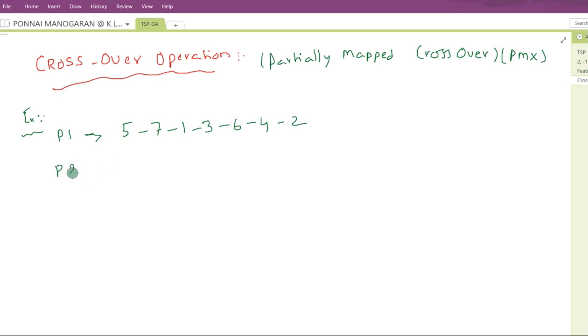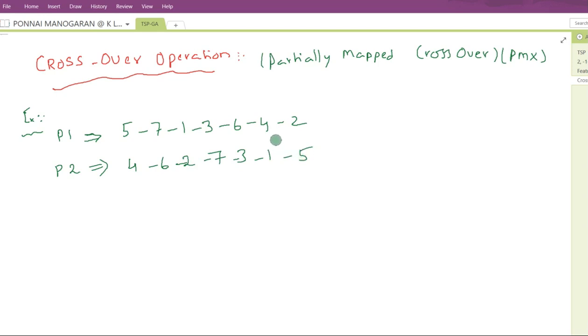Similarly there is another parent whose path is 4, 6, 2, 7, 3, 1, 5. This is just randomly taken.